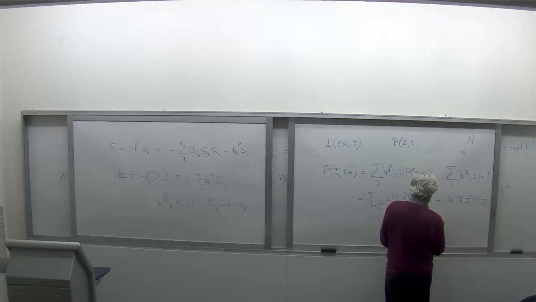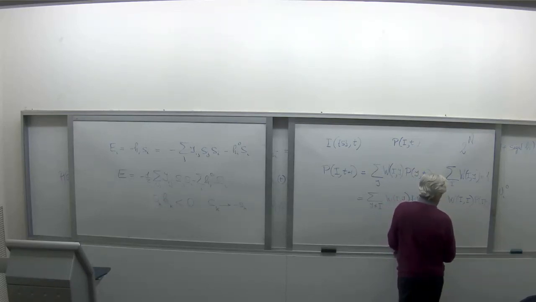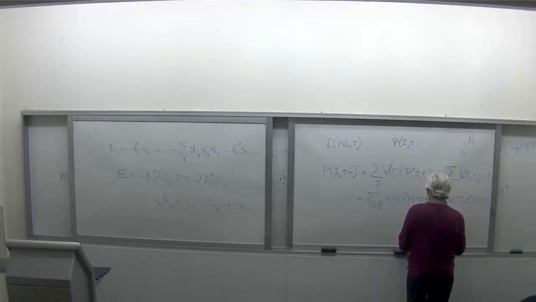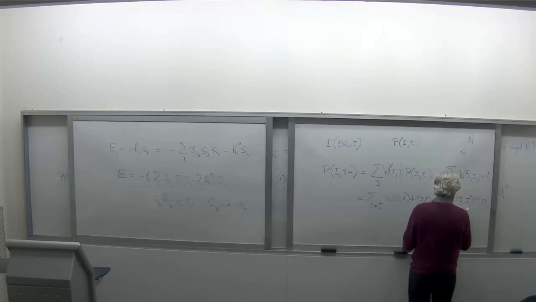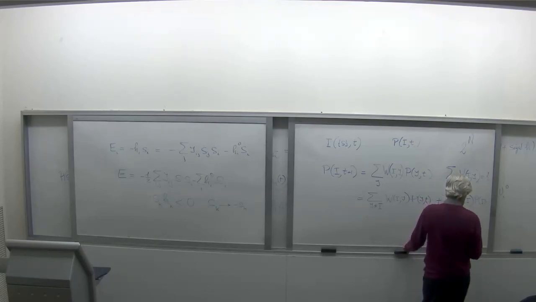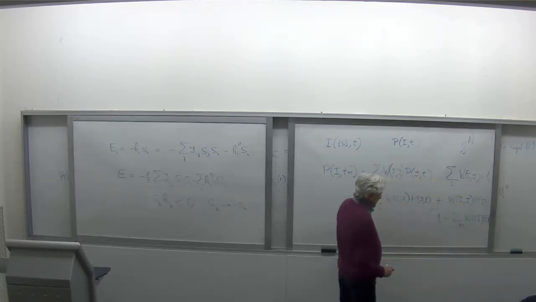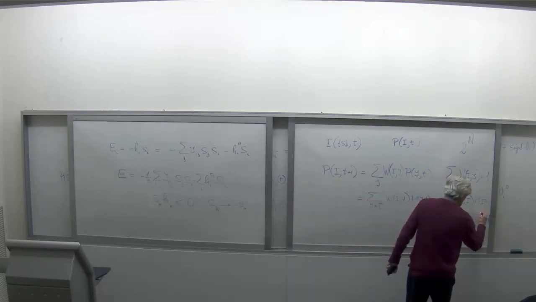And this I write as 1 minus the sum over j not equal to i of W_ji.